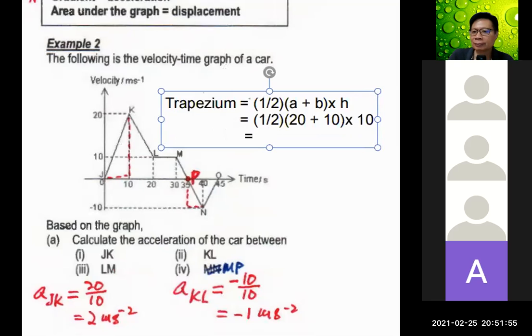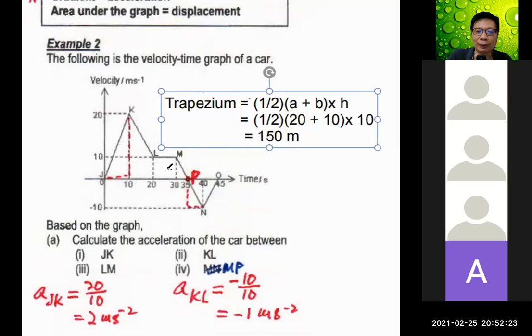Jia-he, what answer? 150. 150 meters. Someone also gave the answer, I think. Yes, correct. So it's 150. Okay, so this is the trapezium.